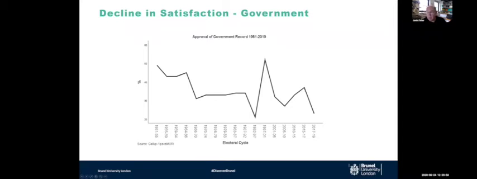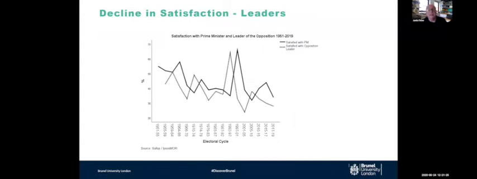Popularity actually went up after that, up to 2017, but not surprisingly, people were fairly disillusioned with government in the period after the 2017 election, with all the difficulties that government faced over Brexit. And so we see a downward trend there, not quite as unpopular as John Major's government in 92 through 97, but not far off.